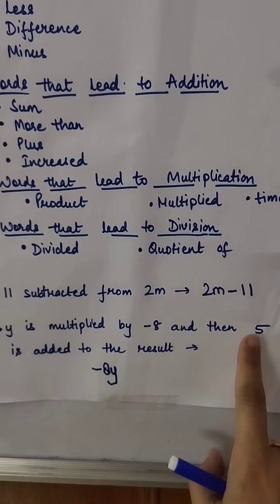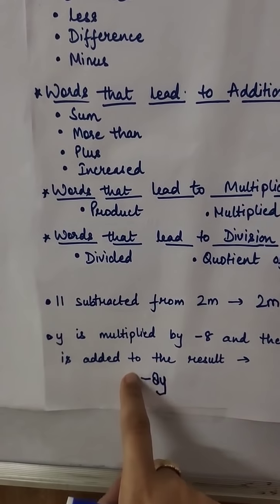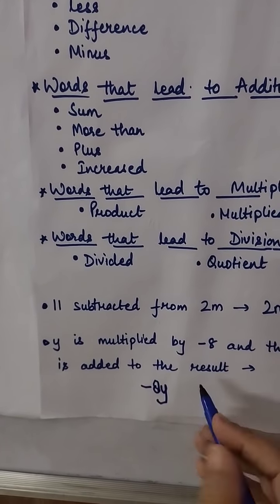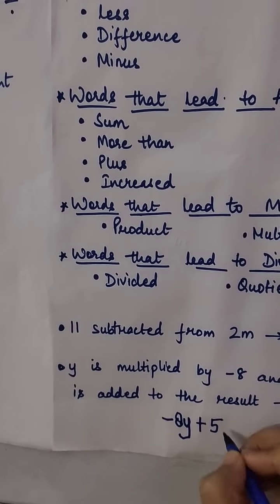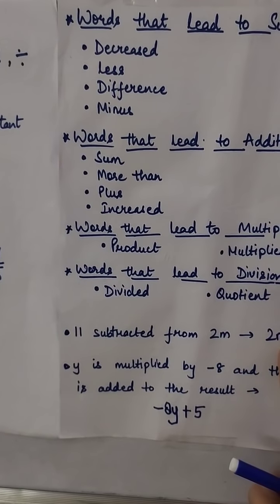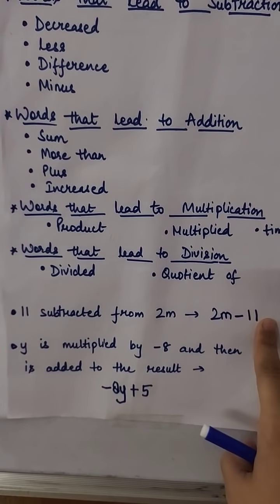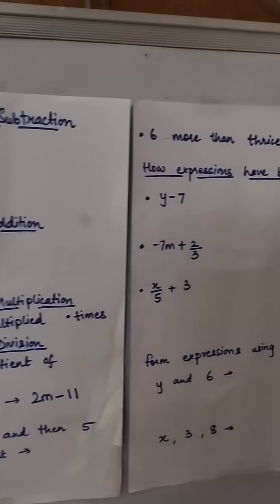And then 5 is added to the result. So whatever is the result of this, we add 5 to it: plus 5. So the expression that we can write here is 2m minus 11, minus 8y plus 5. Yes. Let's take one more case.